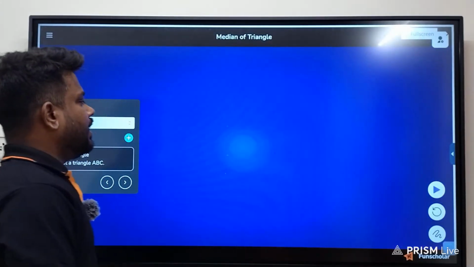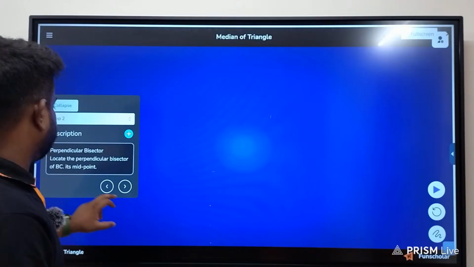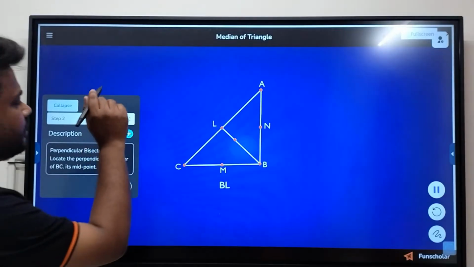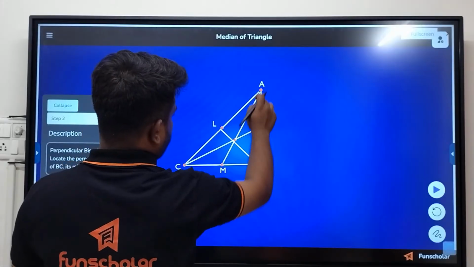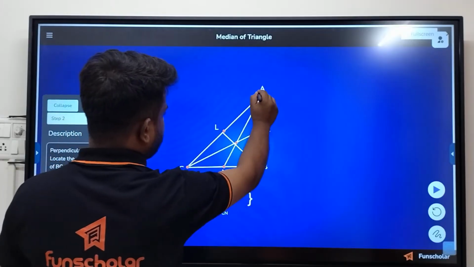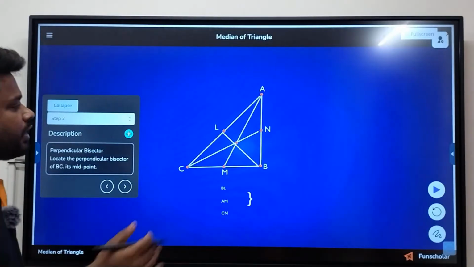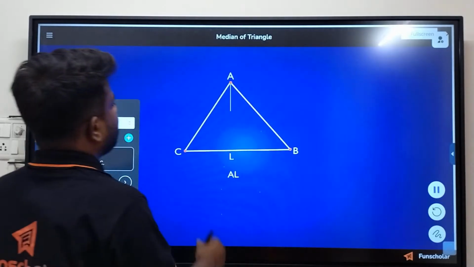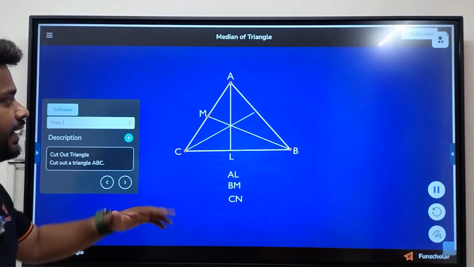The second step will be, if this is a right angle triangle, the perpendicular bisector of this triangle. So this is a triangle where they have drawn all the perpendicular bisectors, BL, AM and CN. In the first place, they have just drawn straight lines from a point to the opposite sides to make a median.